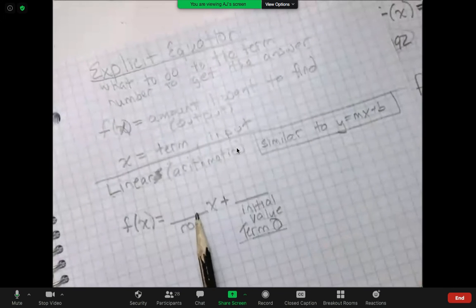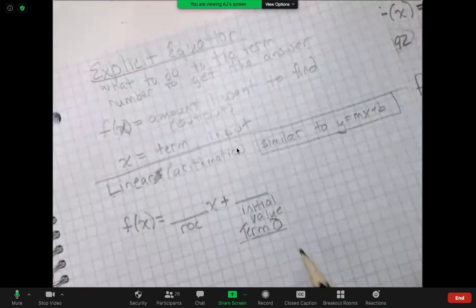It was the slope that came before the x. So that's our rate of change. That's the same thing as slope. So you're going to write a blank for the rate of change, then times x, plus your initial value. But it has to be term 0. If you remember it with your y-intercept, x has to be 0. So that's where it's really important that we can find term 0.